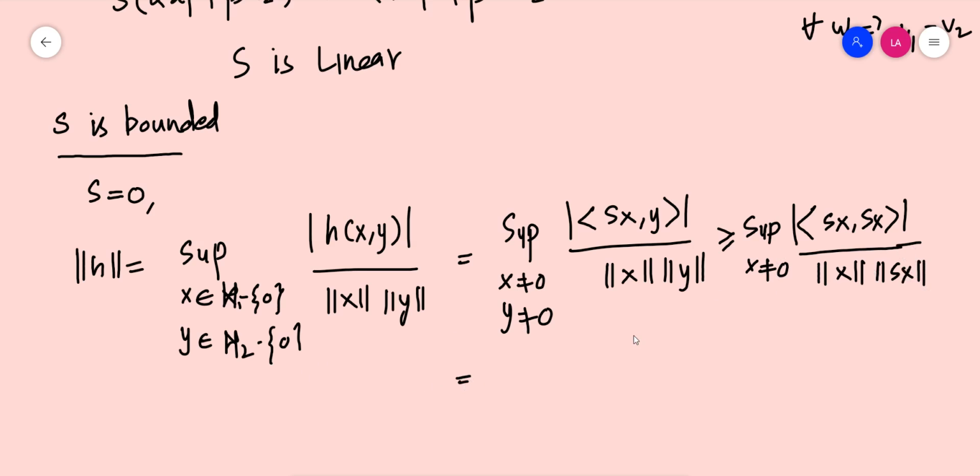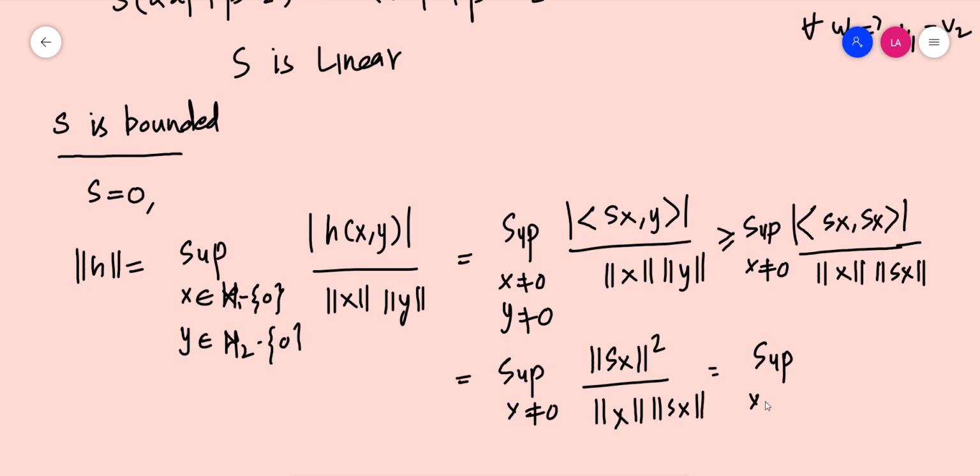Now this second part is equal to the supremum over x not equal to 0. This is actually equal to norm of Sx the whole square divided by norm x times norm Sx. So this is equal to the supremum over x not equal to 0 of norm Sx divided by norm x, because S is not equal to 0 and we can cancel norm Sx.